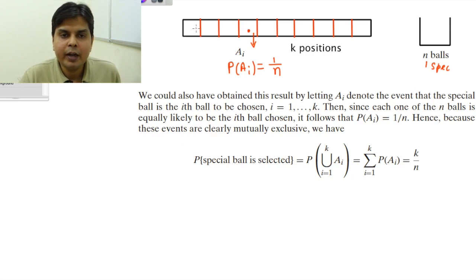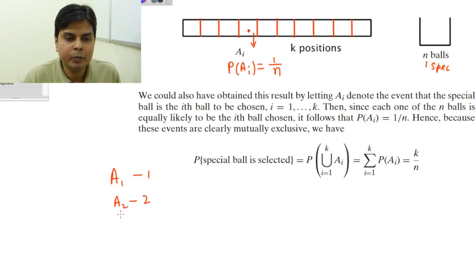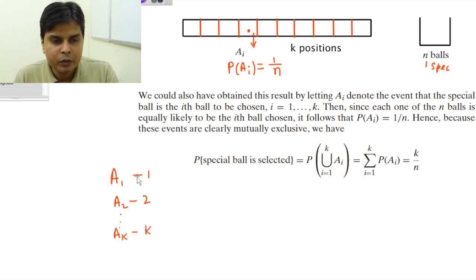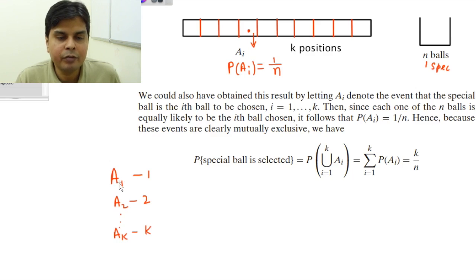So now I have to find out the probability that this special ball will be among any of these positions. So A1 is the event that it is in the first position, A2 that the special ball is in the second position, similarly Ak that it is in the kth position. Now all these events are disjoint. Why are they disjoint? Because you have got just one special ball. So the moment the special ball is in the first position, it cannot be in the second position.